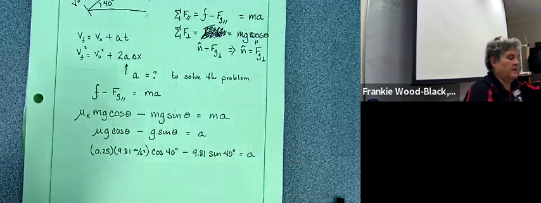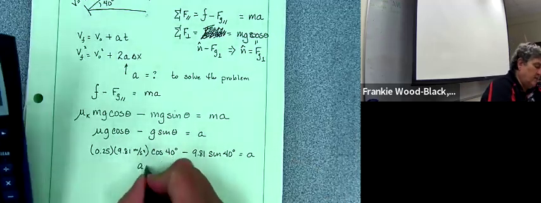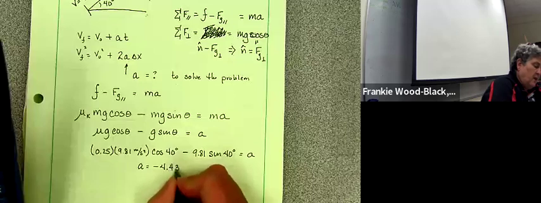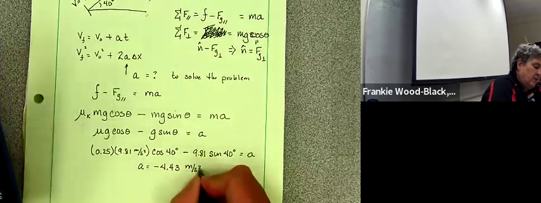If I punched it into the calculator correctly, my acceleration is equal to a negative 4.43 meters per second squared.